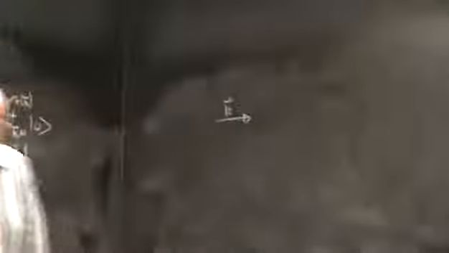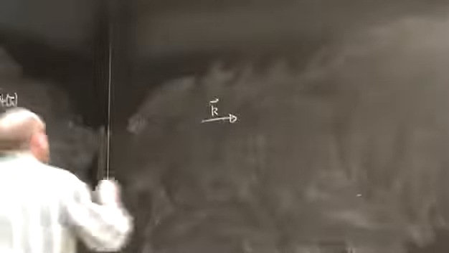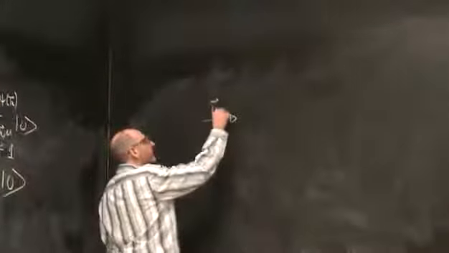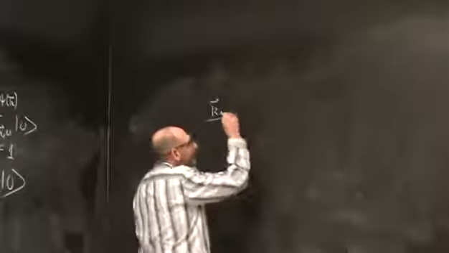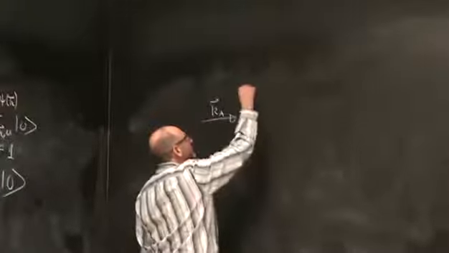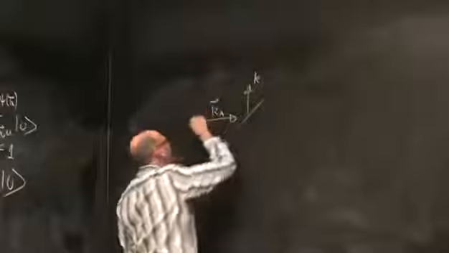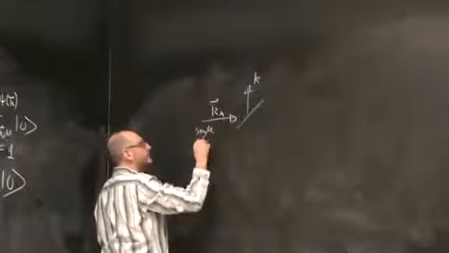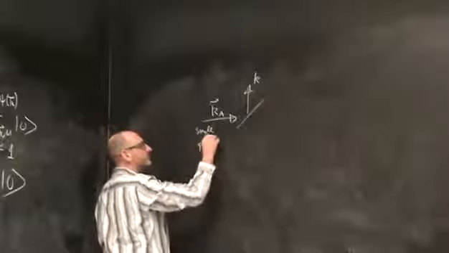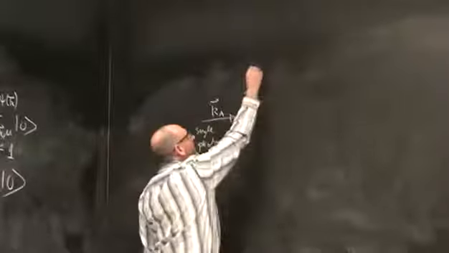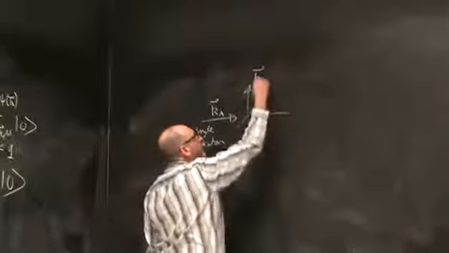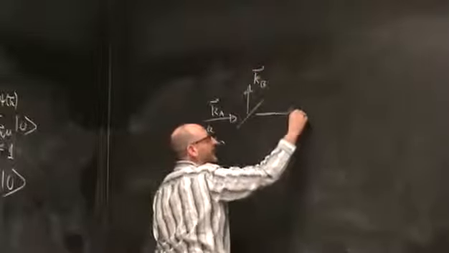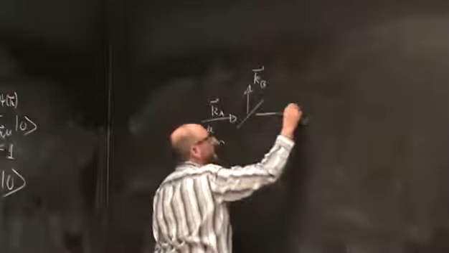Let's call this mode A. And let's say I put it on a beam splitter. This was a single photon. And there's a mode B, and there's a wave vector associated with that direction. There's a wave vector coming out.